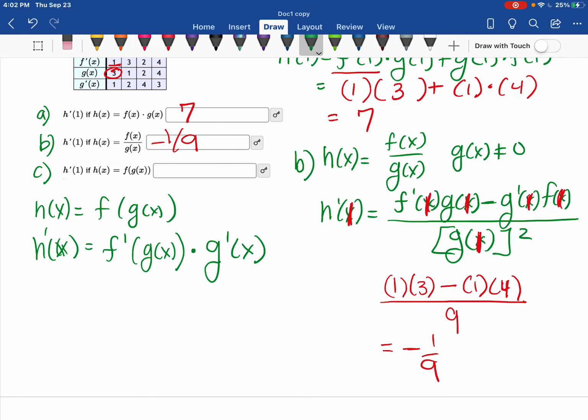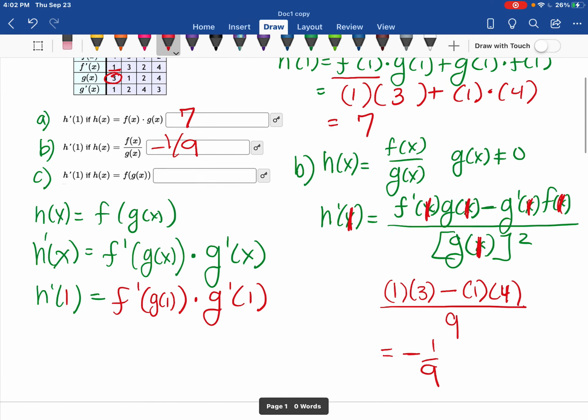So now when I evaluate this at 1, I get f prime, and I'm going to plug in what I get when I plug in 1 for g of x. So I plug in that 1 for x.